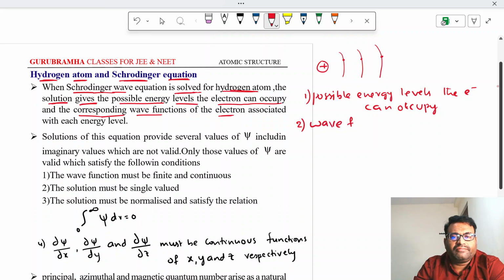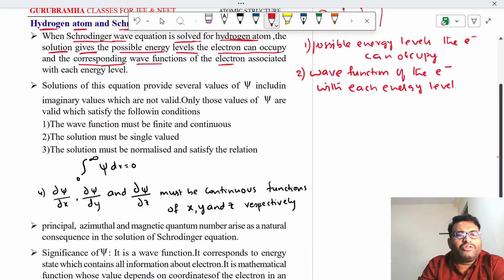So when the Schrodinger wave equation is solved for the hydrogen atom, we get a solution, and that solution gives information about these two: the possible energy levels the electron can occupy, and the wave function of the electron with each energy level.